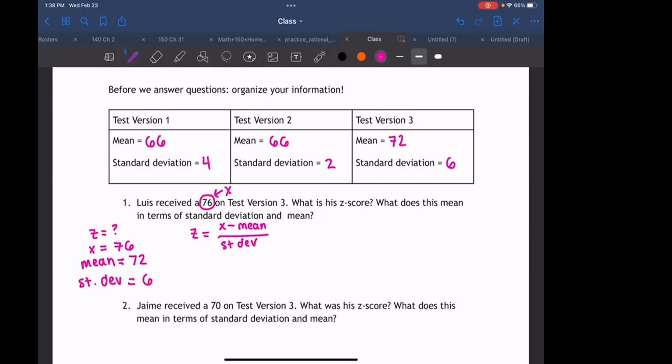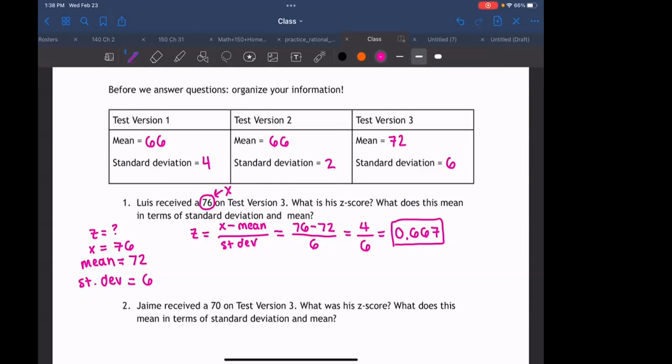So x is 76, the mean is 72, and the standard deviation is 6. 76 minus 72 is 4, 6 stays on the bottom, and when I divide this out, I get 0.667. So my z-score is 0.667.